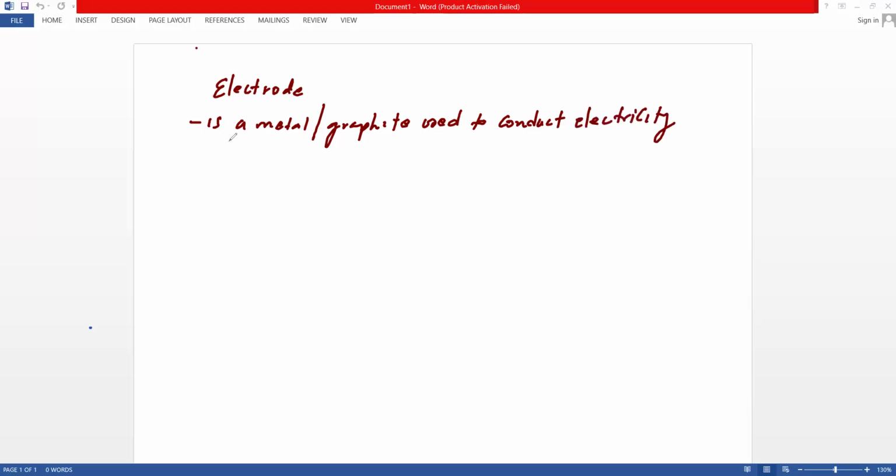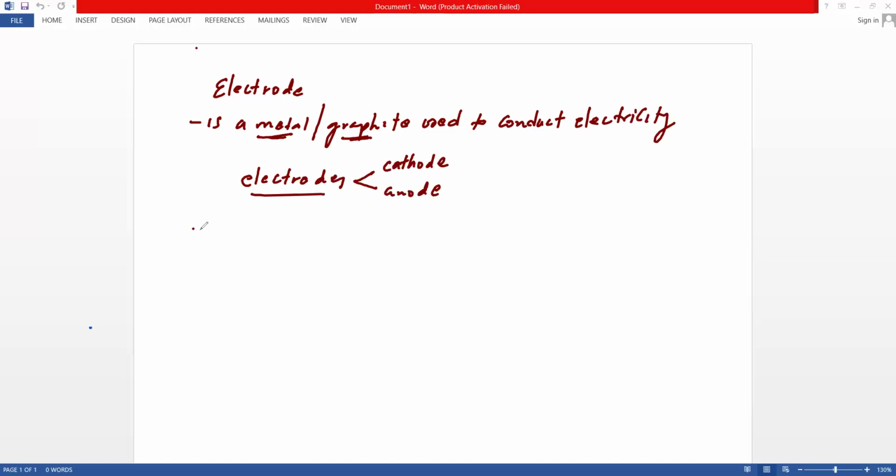So a metal or a graphite that is used to conduct electricity is called an electrode. There are 2 types of electrode in this chapter. The first one is a cathode, and the second one is an anode.